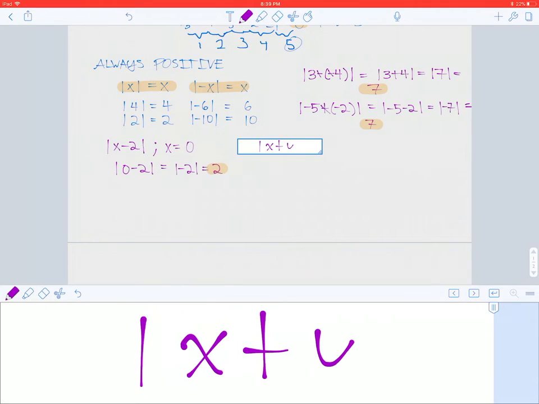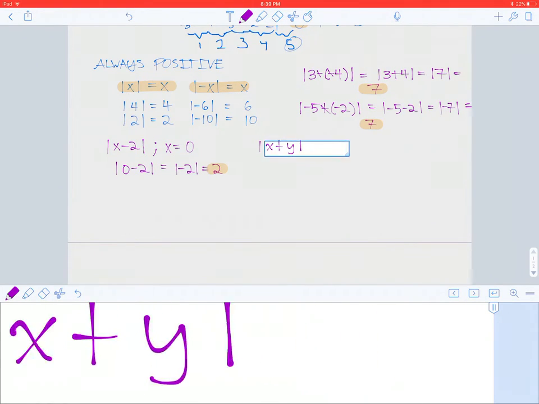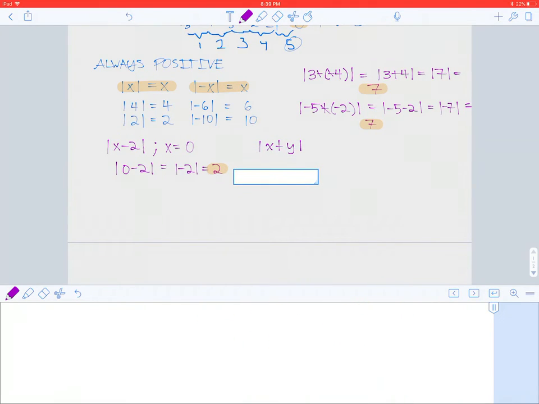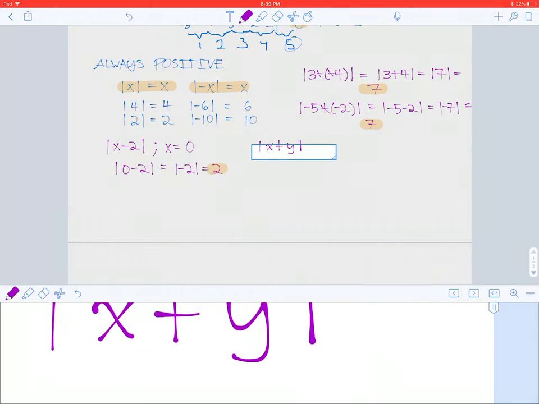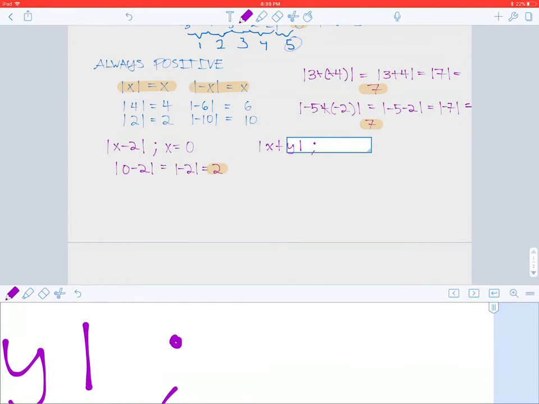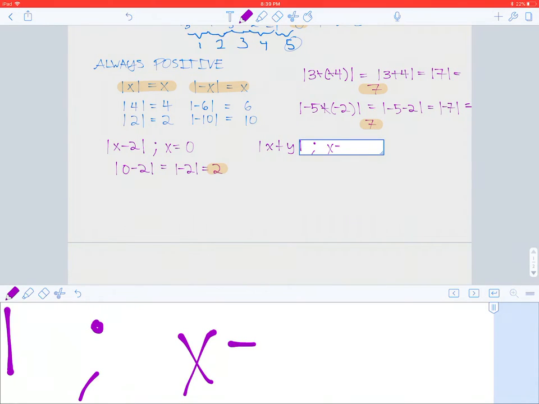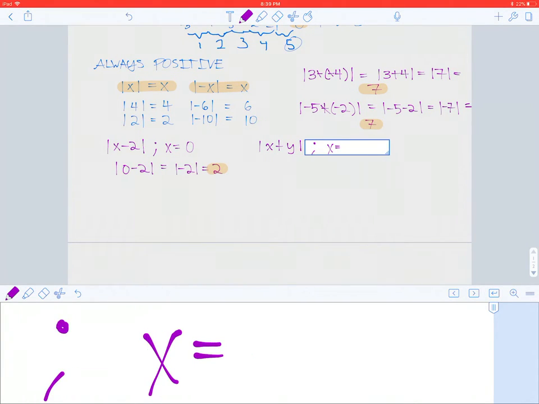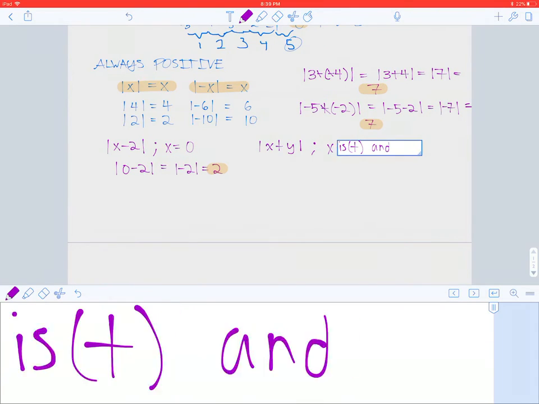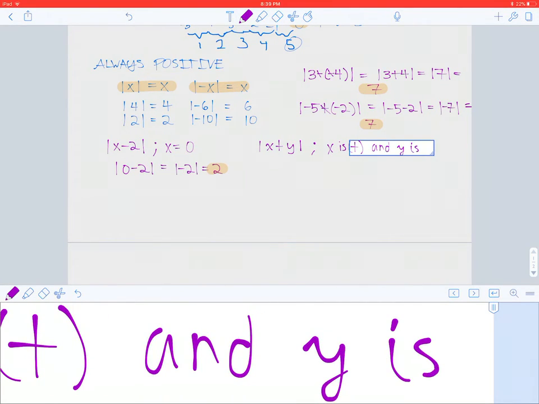Now maybe that's something a little more abstract. How about if we had the absolute value of x plus y? So we have two variables. And let's just say x is positive and y is also positive.